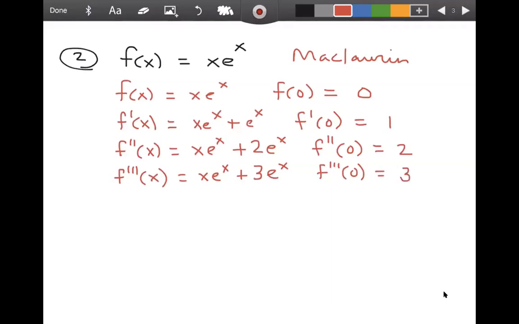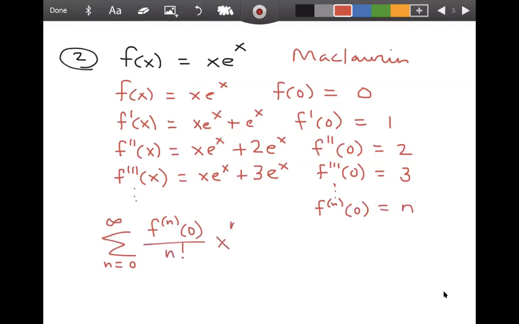So why don't we do this? And actually all I need really is the nth derivative at 0. It looks like the nth derivative at 0 is n. Okay, because the formula for the Maclaurin series is the sum n going from 0 to infinity, nth derivative of f at 0 over n factorial times x to the n.